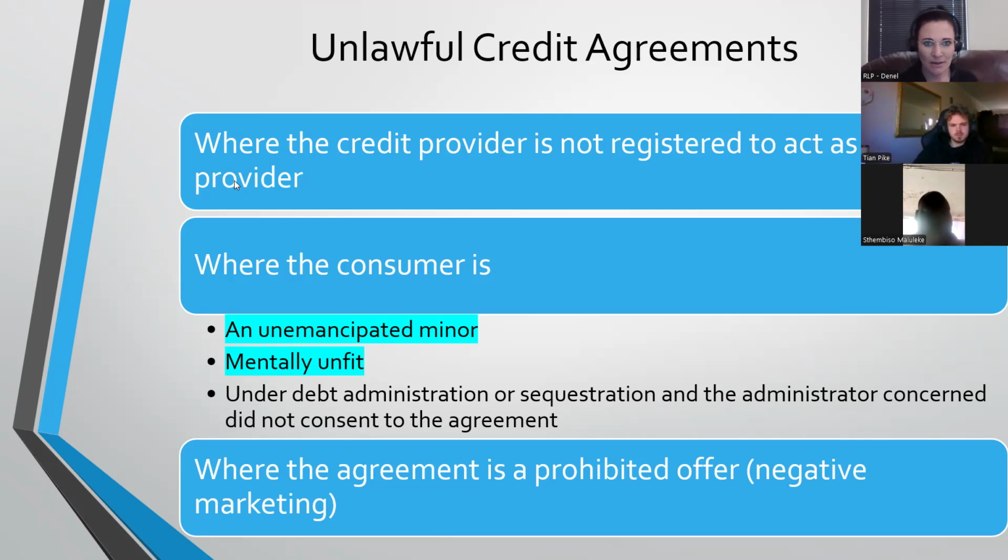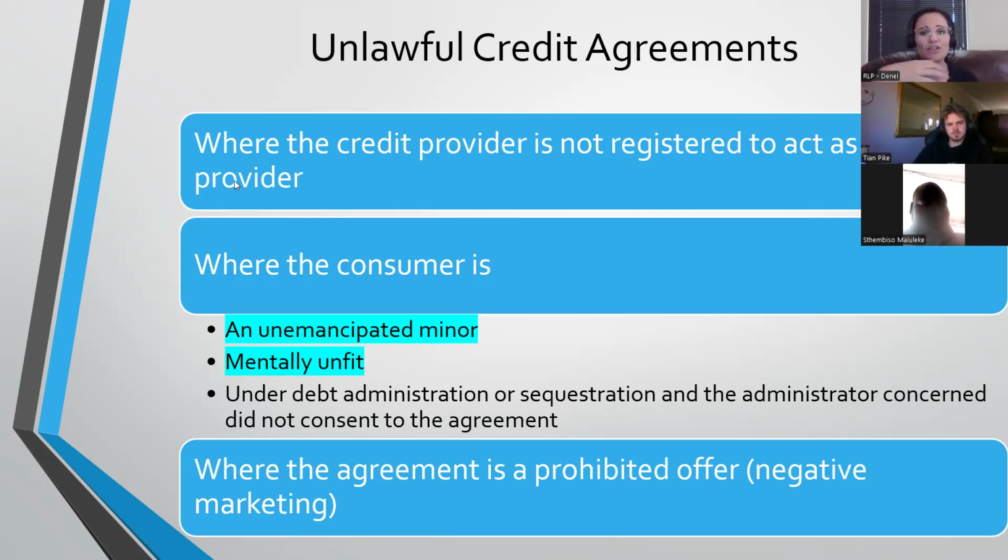The second one, specifically for the consumer, is if the consumer is mentally unfit. This doesn't count if your wife or your husband or your girlfriend or whoever says you're crazy. It only counts if the court declares you crazy. If you were declared mentally unfit in any court in our country, you are not allowed to enter into a binding agreement. Why?